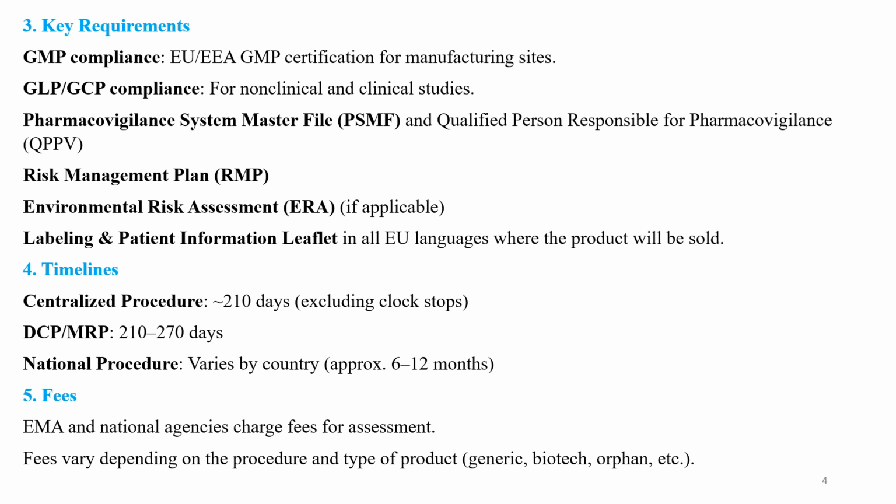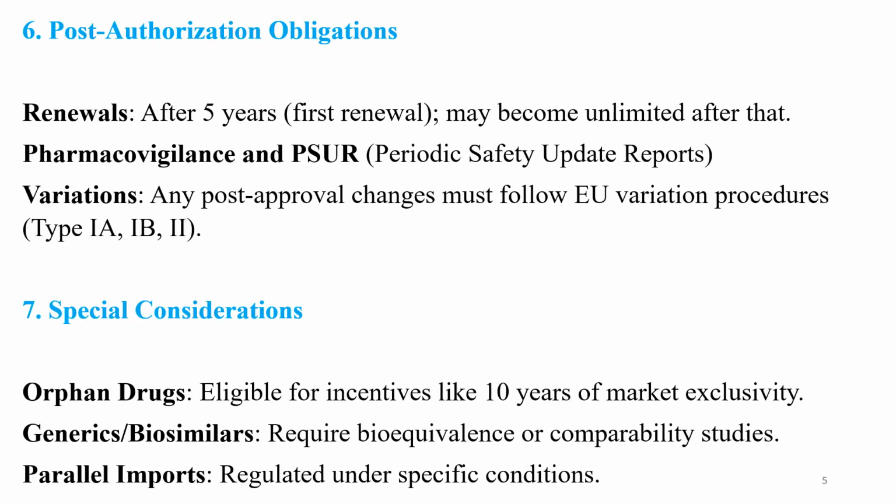Fees for the registration: EMA and national agencies charge fees for the assessment. Fees may vary depending upon the procedure and the type of the product, whether your product is generic, biotech or orphan drug application.